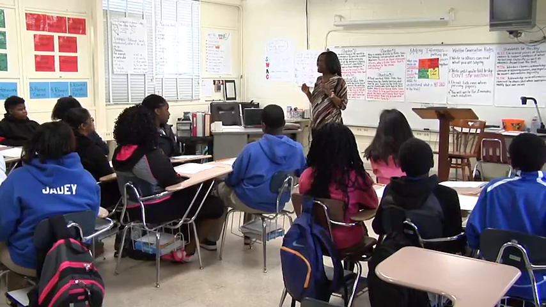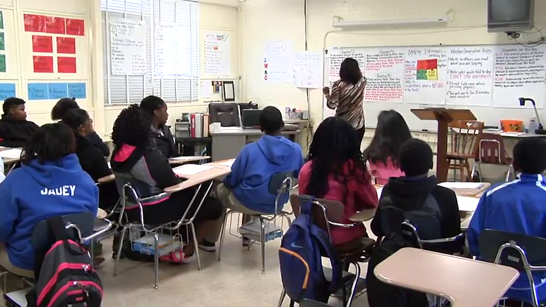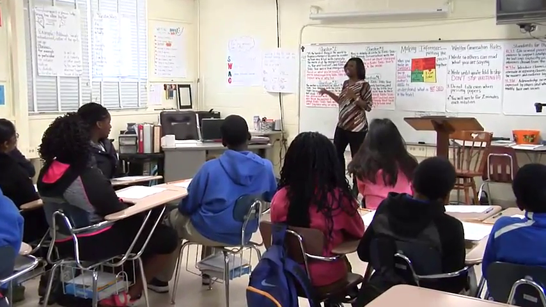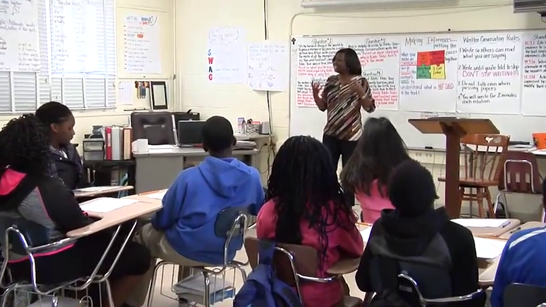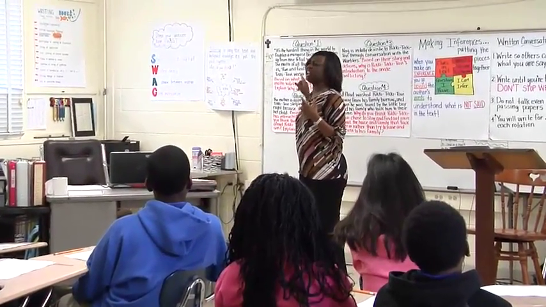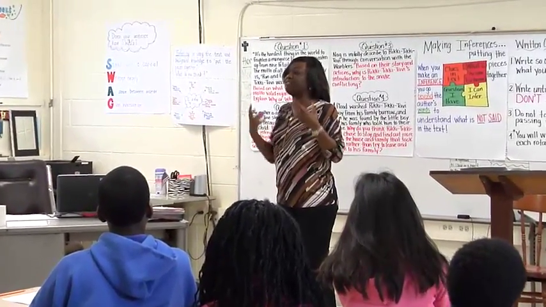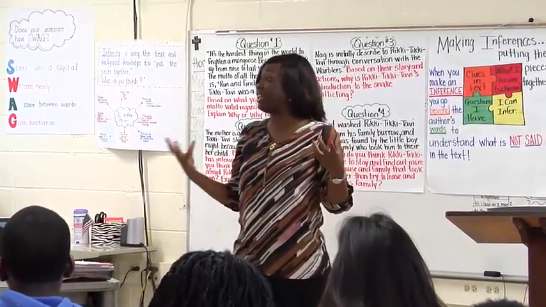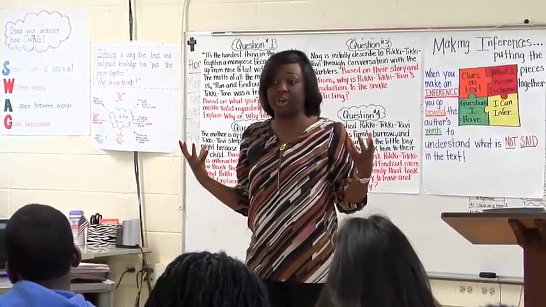I heard a lot of yeses. But remember, the end of this question says what? Explain why or why not. So you're going to get a chance to explain to your friends why you think that's a good model for Rikki-Tikki-Tavi based on the evidence from the text. And we heard some of our classmates give some evidence that he was curious, right?